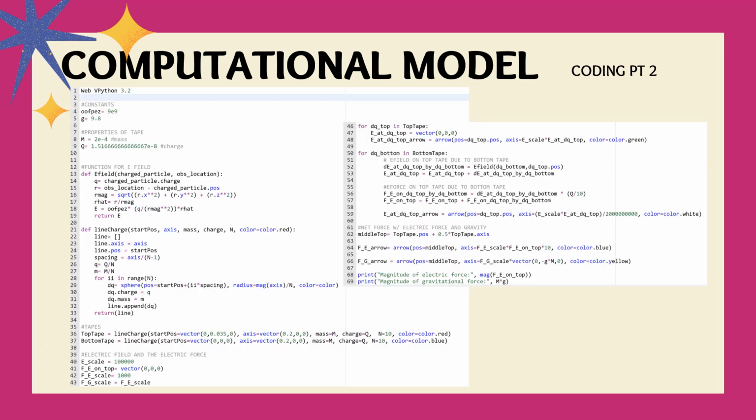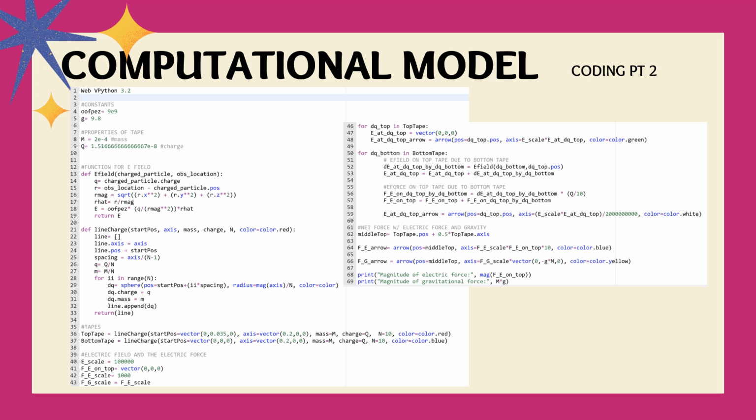We are going to move on to the second part of the code. This is much more involved, but it's still somewhat simplistic. Throughout the code, there are lots of different equations. First, we have solving for the electric field, and then also solving for the electric force between the two tapes, and the gravitational force between the two tapes.